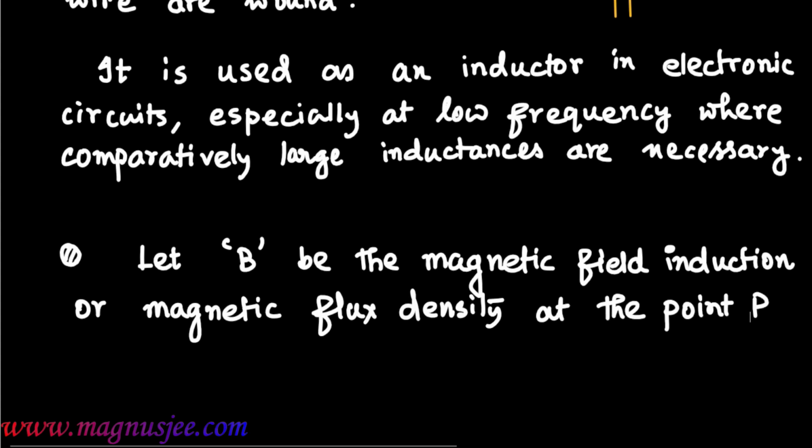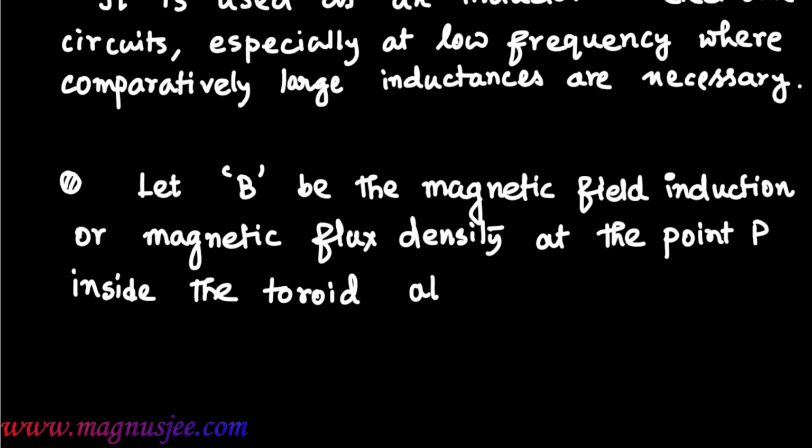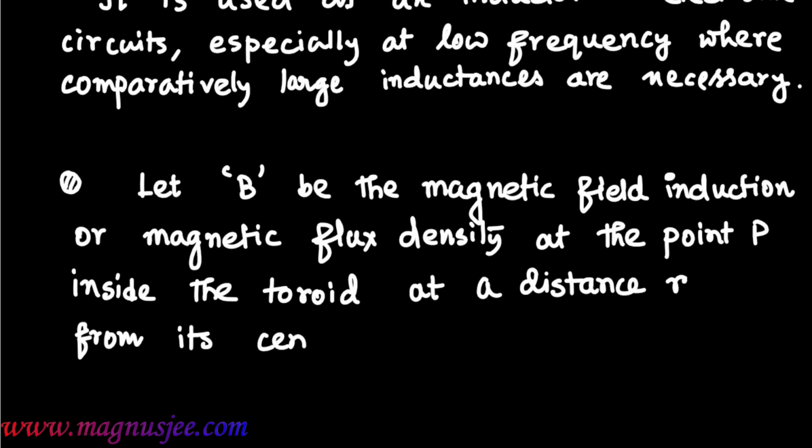At the point P on the anchor ring of the toroid, B is the magnetic field induction or magnetic flux density at the point P inside the toroid at a distance r from its center O.